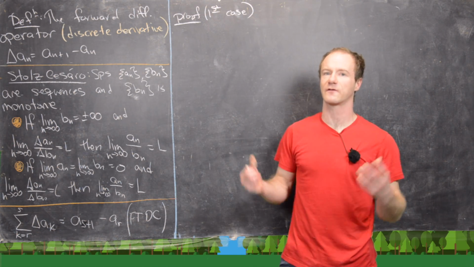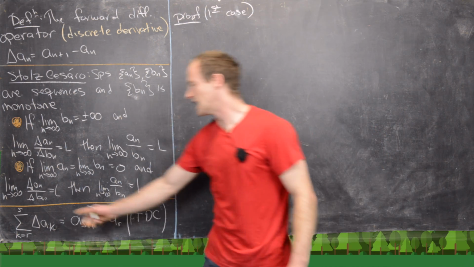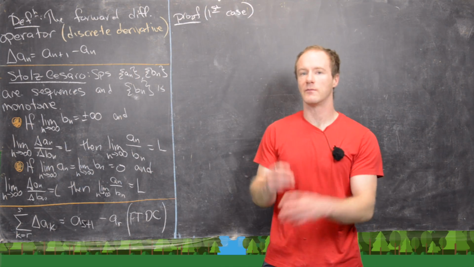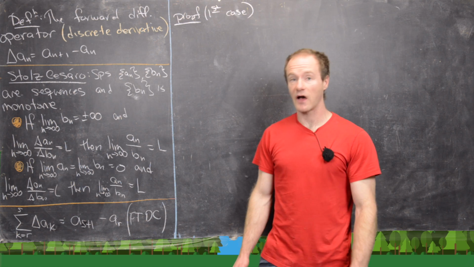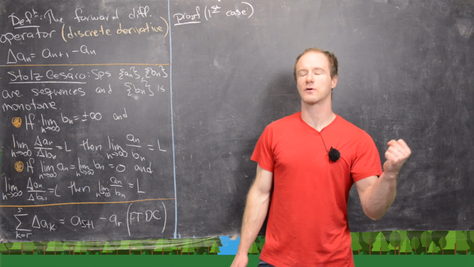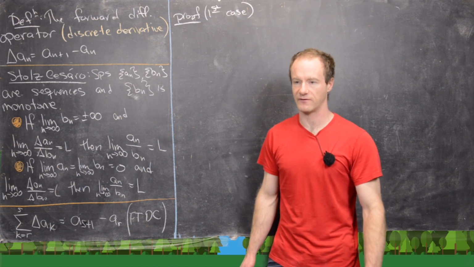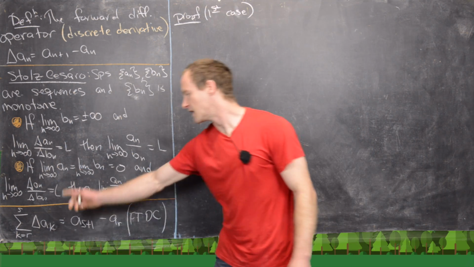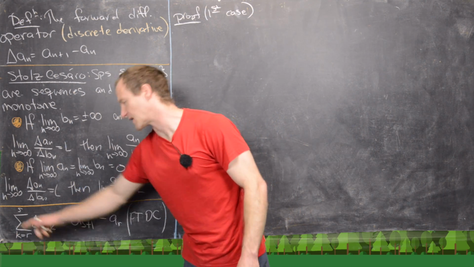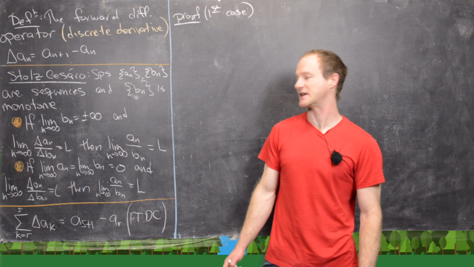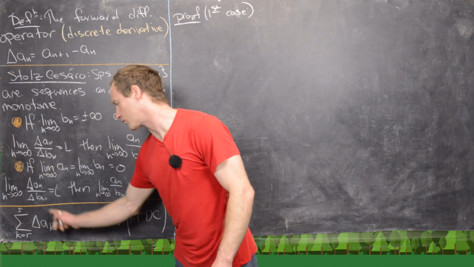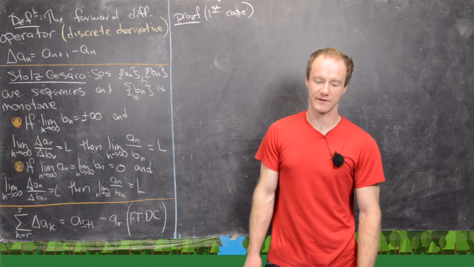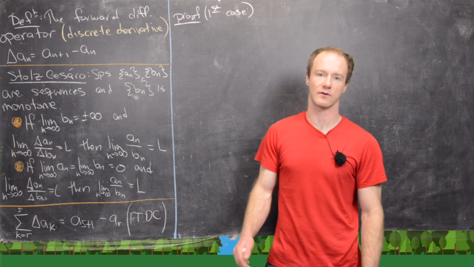Compare that with the regular fundamental theorem of calculus, which says if you integrate from a to b the derivative of f(x) dx, what happens? The same thing is happening here, except our integral is replaced with a sum, and our regular derivative is replaced with this forward difference operator, or discrete derivative.